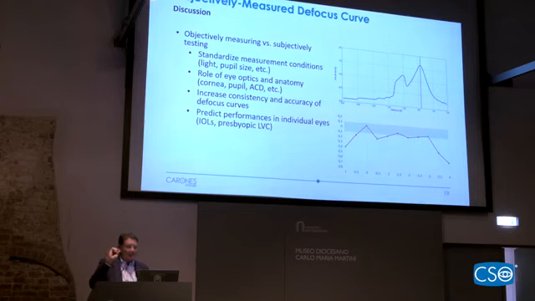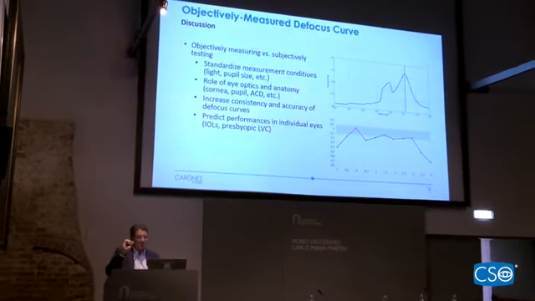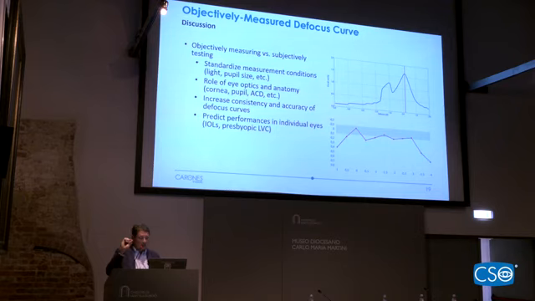Because we know there are many other factors than the optical properties of the IOL which lead to the final performance of the patient when reading at near, at intermediate, and distance, like the corneal curvature, like the pupil, like the anterior chamber depth, and all of that. I really think that this may increase also the consistency and the accuracy of the defocus curves, which may not be biased in this case by the patient and by the way that we subjectively measure it.